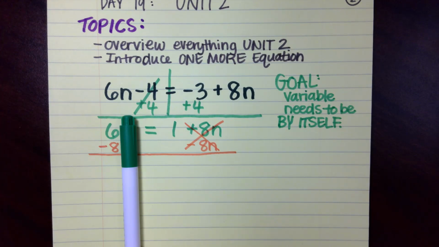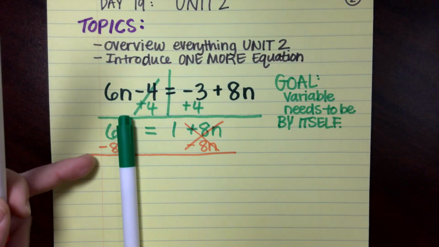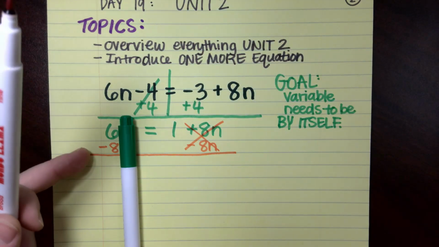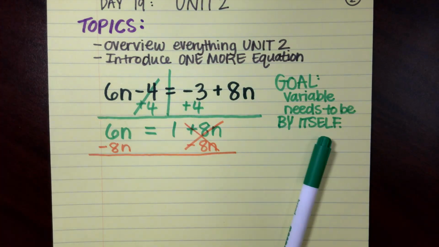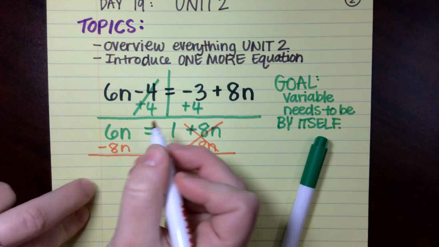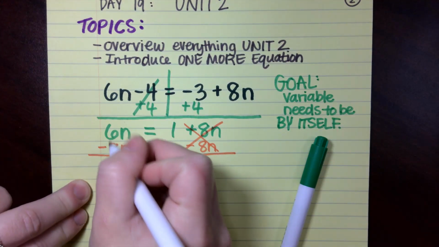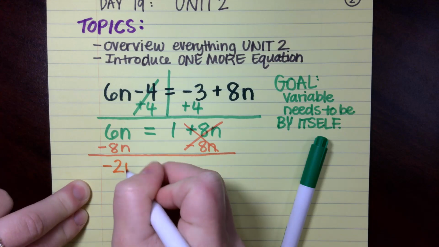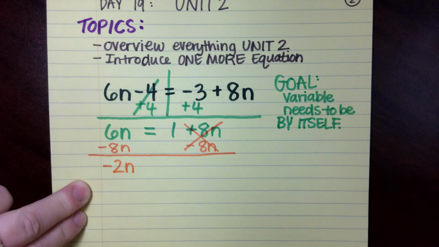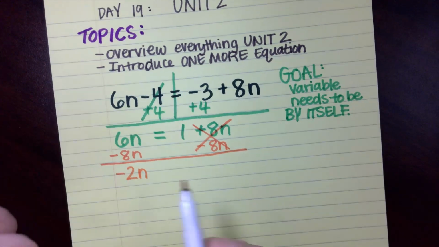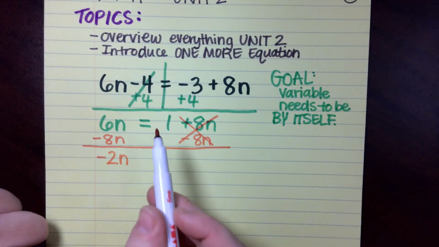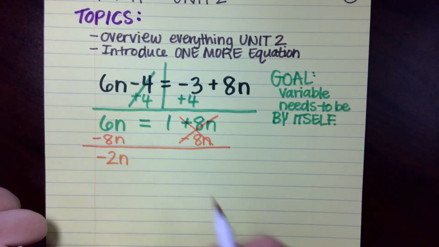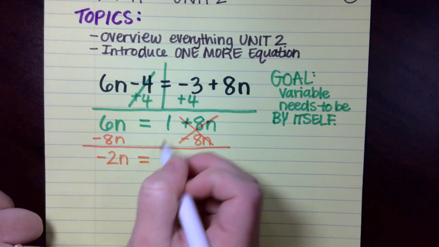That's it. And then, after I get the answer of 6 minus 8, which is negative 2, I just need to remember to keep the n on the end of that number. So 6 minus 8 is negative 2n. All right. So now I have negative 2n, and I just need to bring down what's left, which is going to be equal to 1.